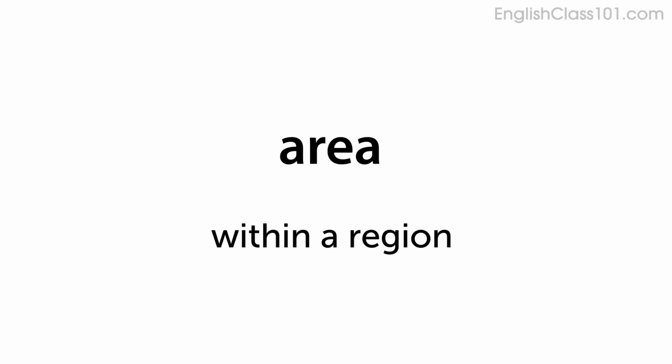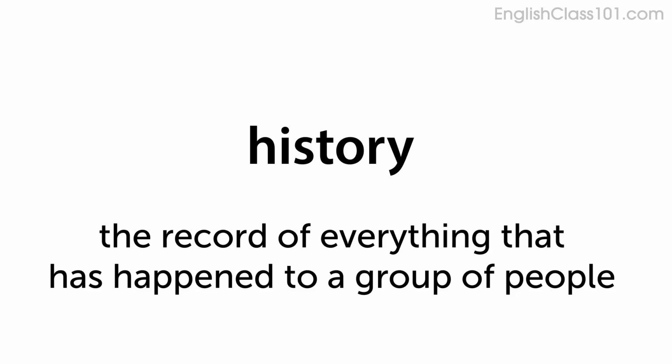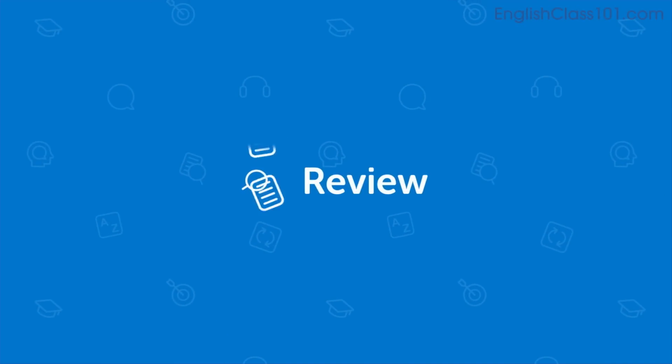And our last word is History. The record of everything that has happened to a group of people. Finally, let's review the dialogue again. See if you can understand more this time.